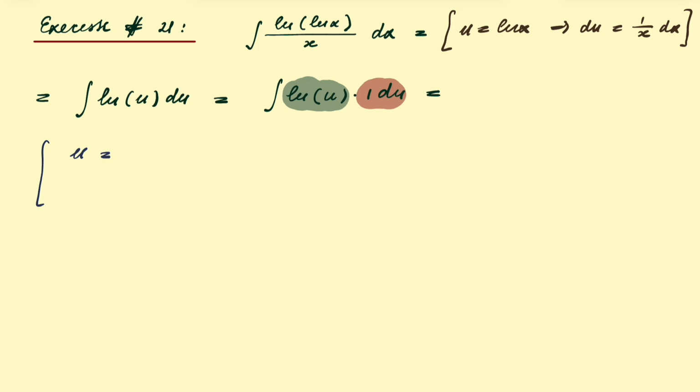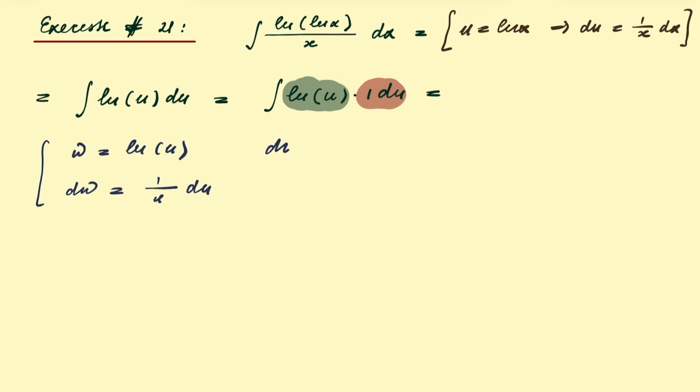Right, so we have u as, let's take some other variable because we used u already here. Let's take w or omega as ln of u, then d of omega will be 1 over u times du, right?